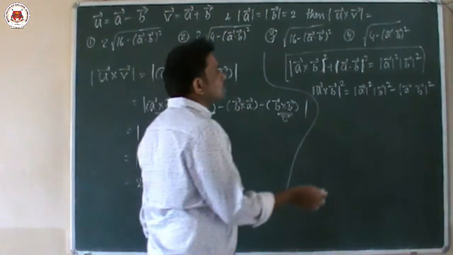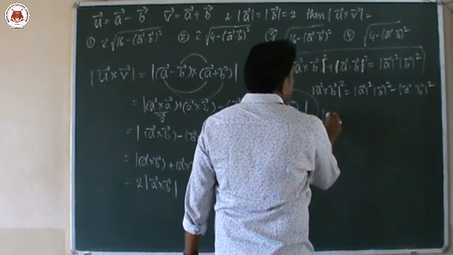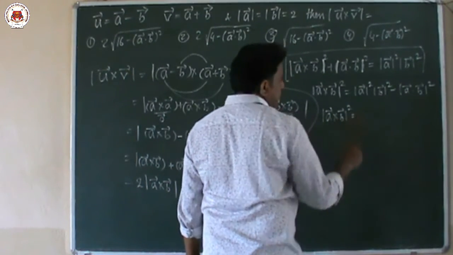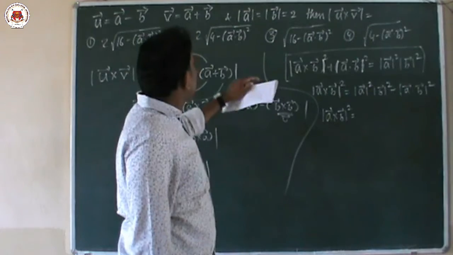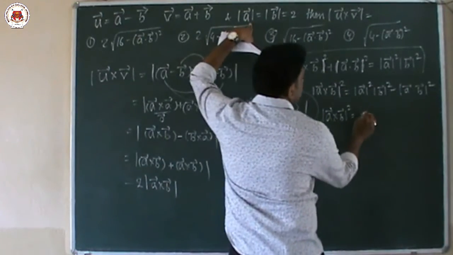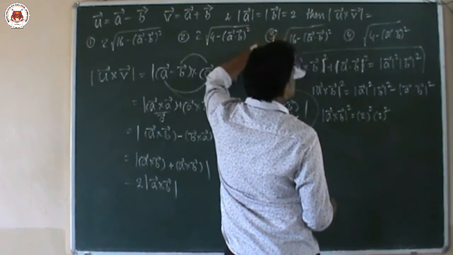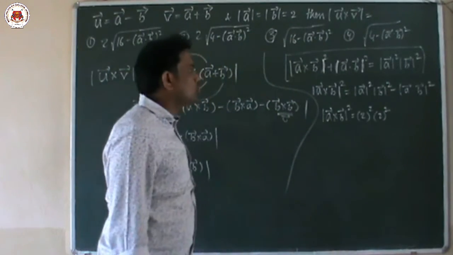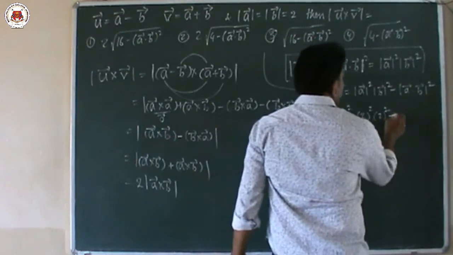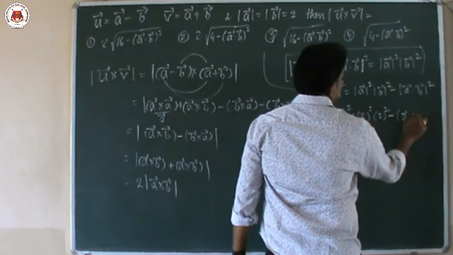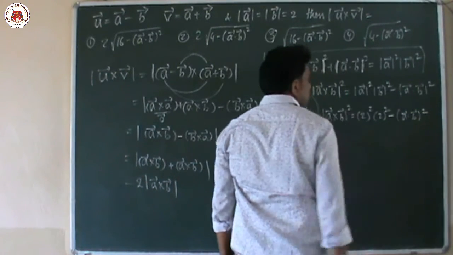So if we substitute the values here: mod of A vector cross B vector whole square equals mod A, value already given, how much? 2. So we can write 2 square. Mod B also 2 is given, so 2 square. A value and B value are both 2, minus the value we don't know, A vector dot B vector whole square.